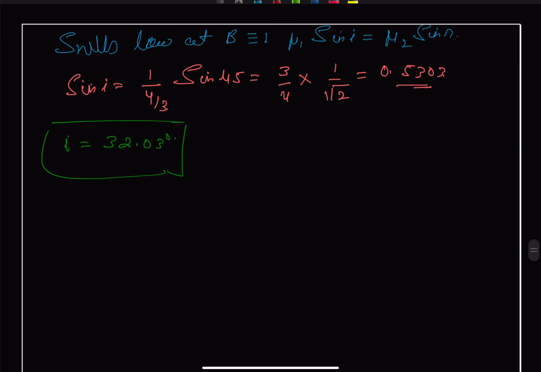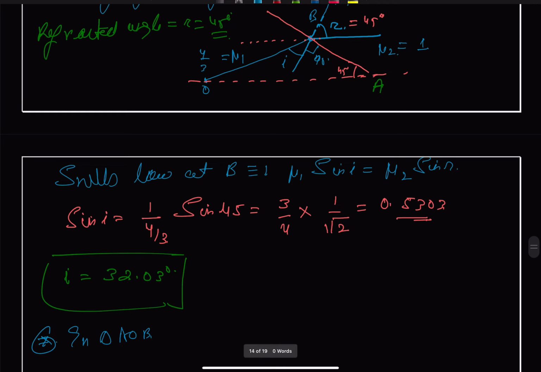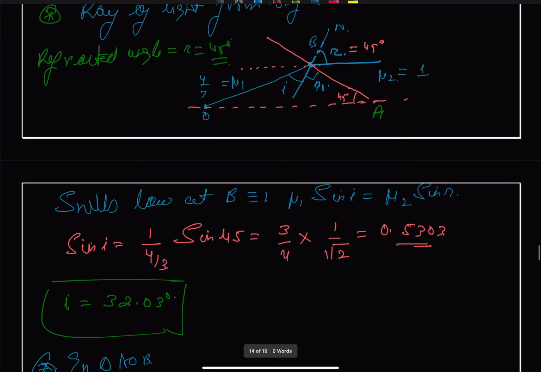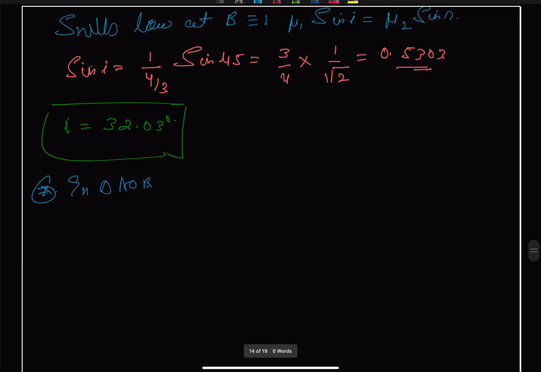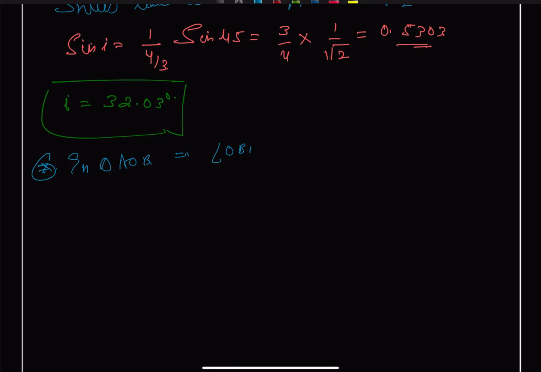You can say in triangle AOB, we can find out that this entire angle OBA will be our 90 plus I. So you can say our angle OBA will be equal to 90 plus I, which comes as 90 plus 32.03, and this comes as 122.03 degrees.